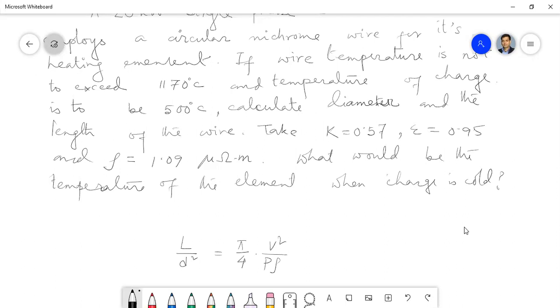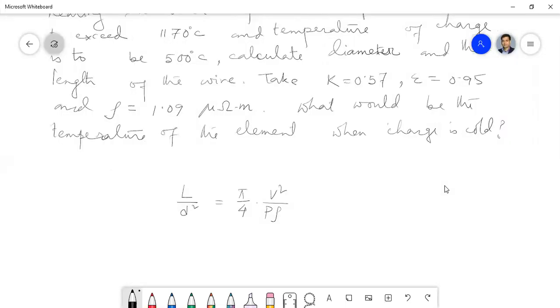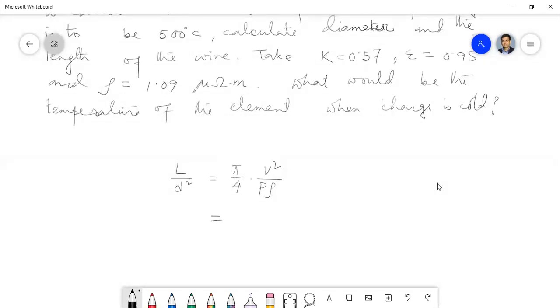So you find out L by D square. How much are you getting? So you need calculators for this. Sir, we are getting 1.7.